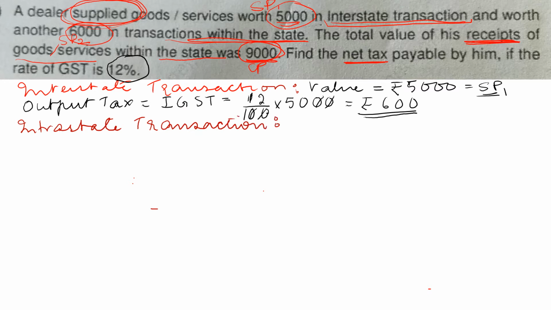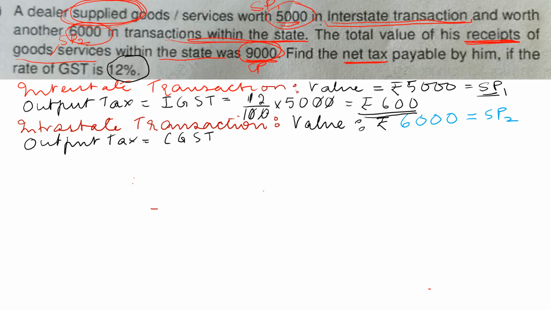For this, the value is rupees 6,000, and we will call that SP2. Your output tax for intrastate will have to be now CGST plus SGST.